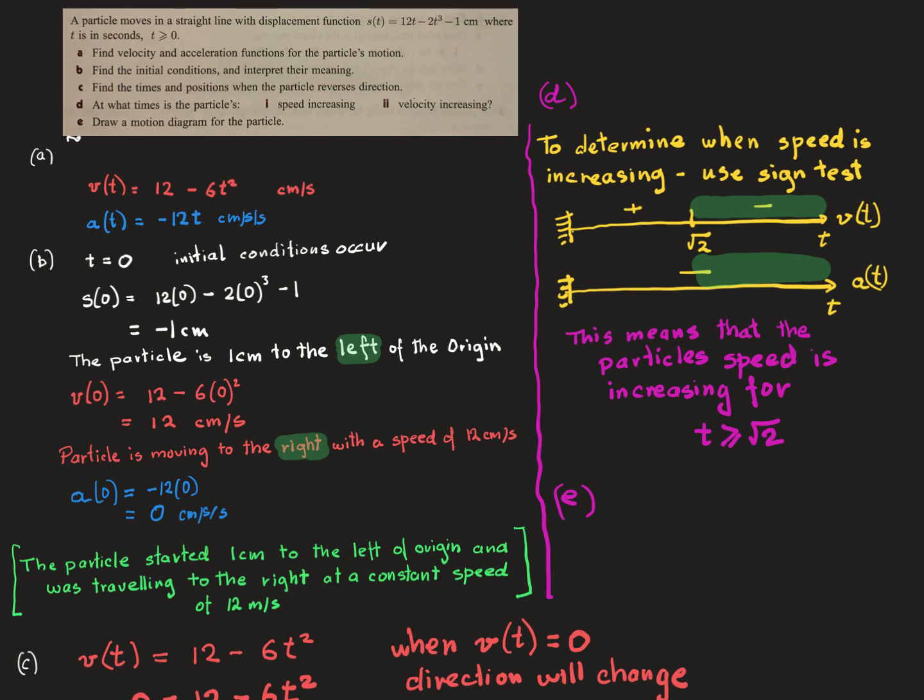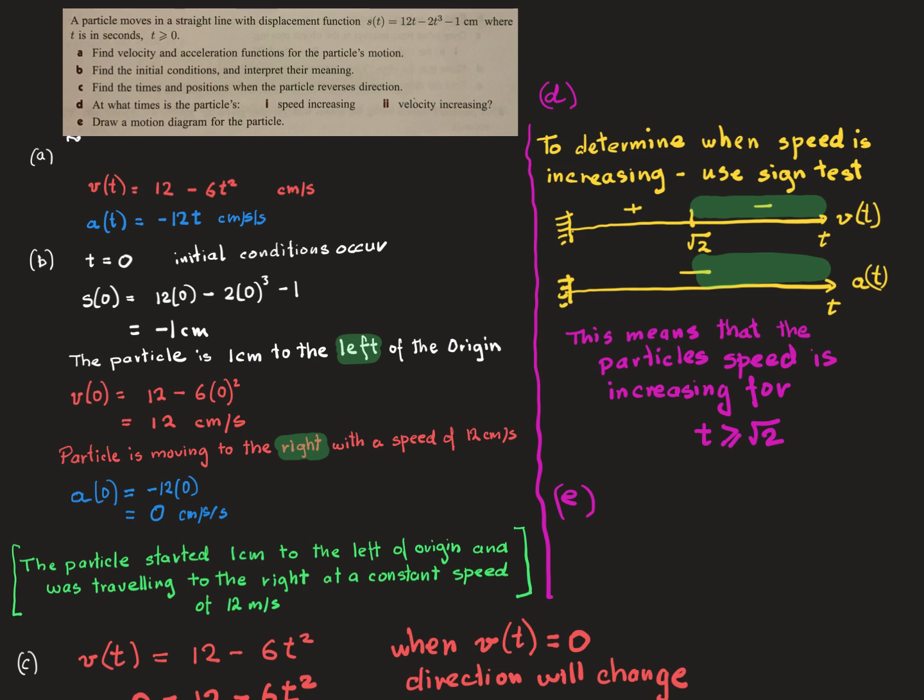Well, acceleration is the main factor that makes the velocity increase. So if a(t) is positive, then velocity increases. Clearly, we do not have this situation in our case because the acceleration is negative.